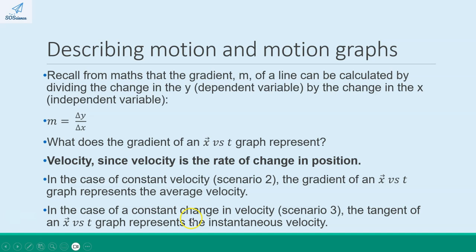And in the case of a constant change in velocity or constant acceleration that we'll discuss in scenario 3, the tangent of an x versus t graph represents the instantaneous velocity. We're going to come back to that. It's going to make a lot more sense later. But what we do need to take away from this now is that the gradient of an x versus t graph represents velocity.